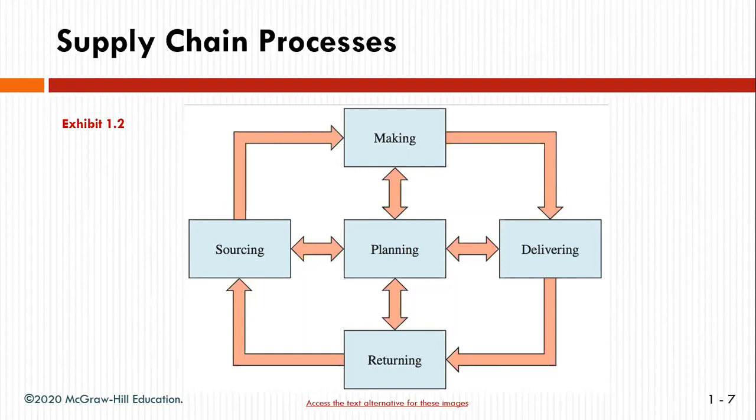There's a planning for the sourcing, a planning for making the product, a planning for delivering, and a planning for returning. So you have a plan of how you're going to get your sources from which suppliers, and then a plan of how to make these products, how you deliver them, and how you return the product if there is something defective in it.